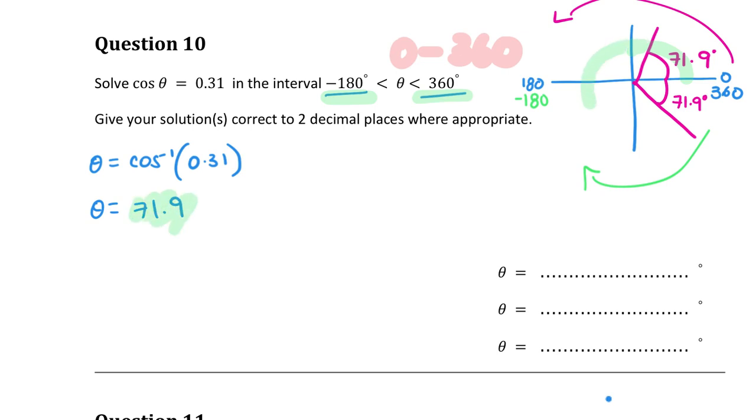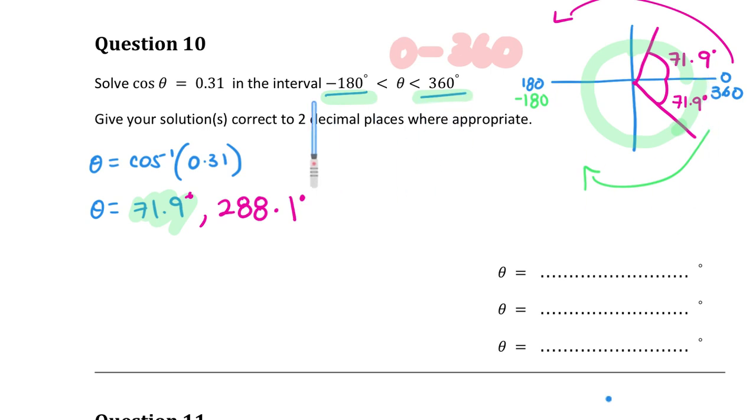I carry on going all the way around and I intersect here. Now this angle from 0 all the way here is 360 minus 71.9. So this is going to give me 288.1. And then if I was to carry on round, I'm going to stop there because I get to 360. So that is me going clockwise from 0 to 360.